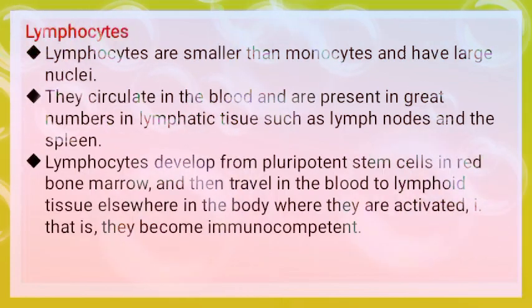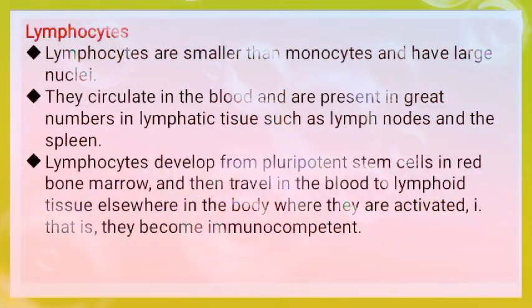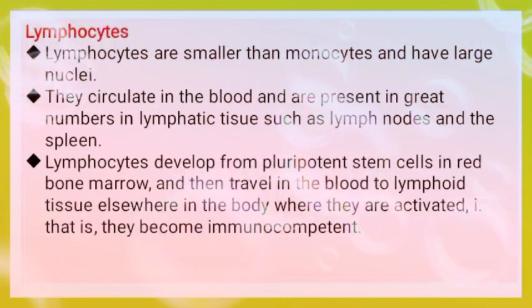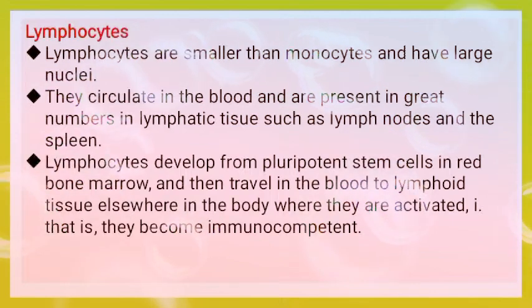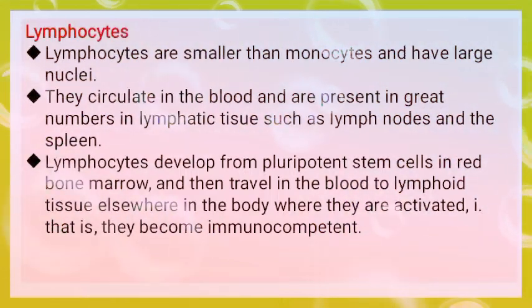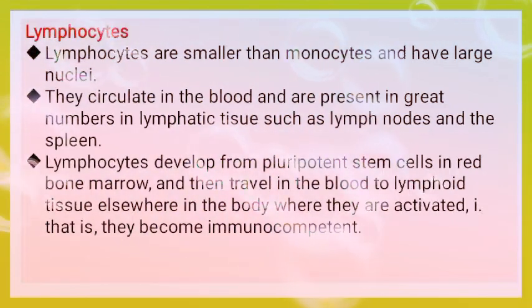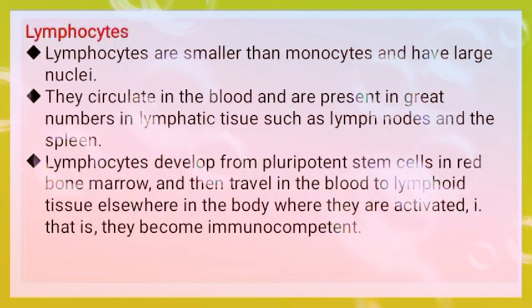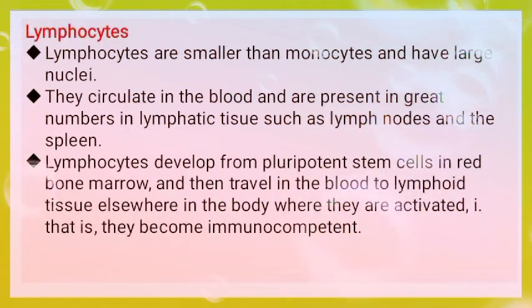And we're saying that these lymphocytes actually develop from the pluripotent stem cells in the red bone marrow, and they travel into the blood, from the blood into the lymphoid tissues or lymphatic tissues, like the spleen that we have already talked about, for further development. And when they develop in those lymphatic tissues, they are going to become immunocompetent, being prepared to fight against any foreign invaders that can invade the body.